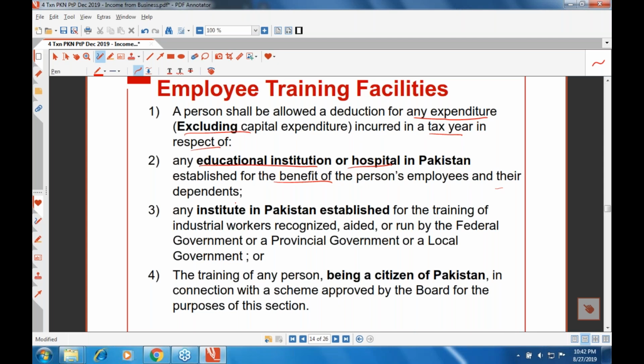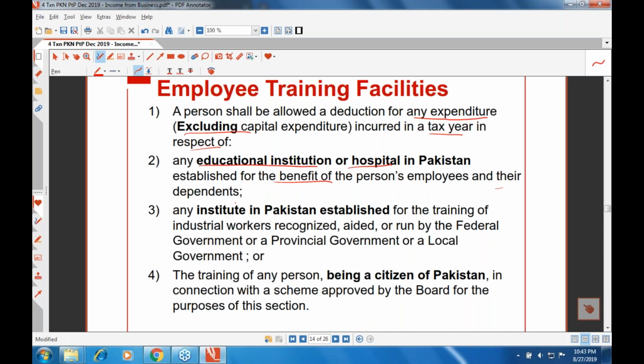Now what happens is that whatever the amount that is spent on those educational institutions, on those hospitals, that is also going to be considered as exempt.